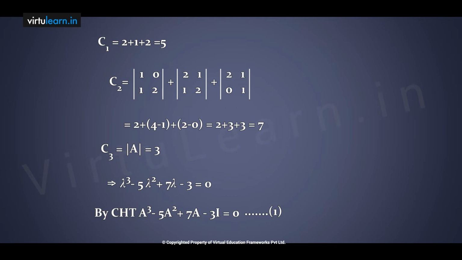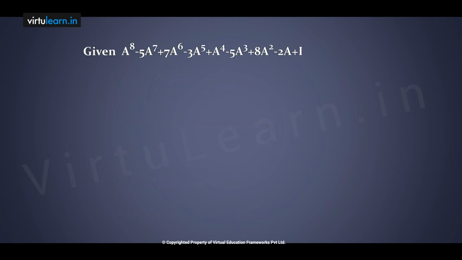Then we can use this equation on the given expression. Take the expression A power 8 minus 5A power 7 plus 7A power 6 minus 3A power 5 plus A power 4 minus 5A cube plus 8A square minus 2A plus I. Now observe the first four terms.